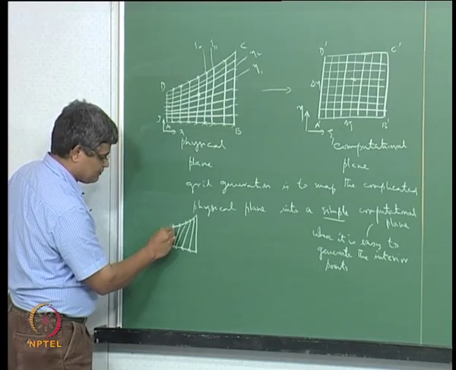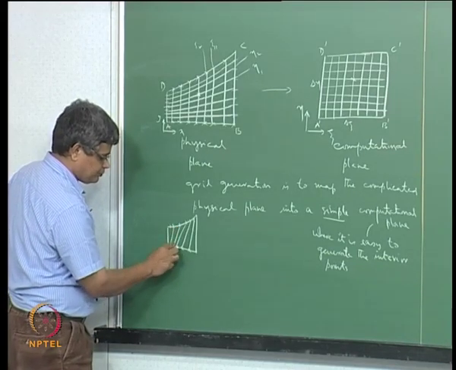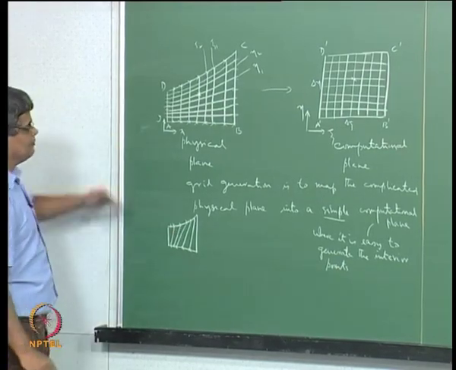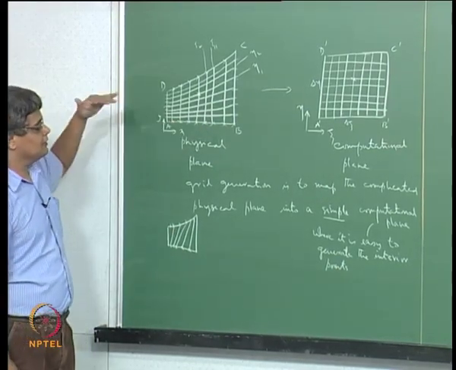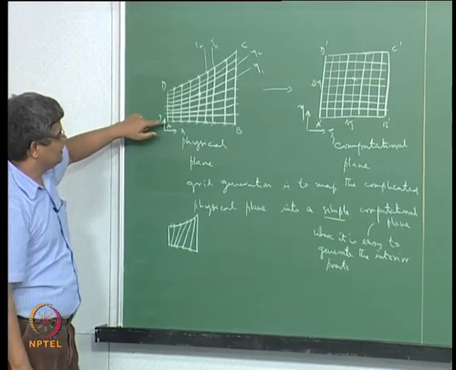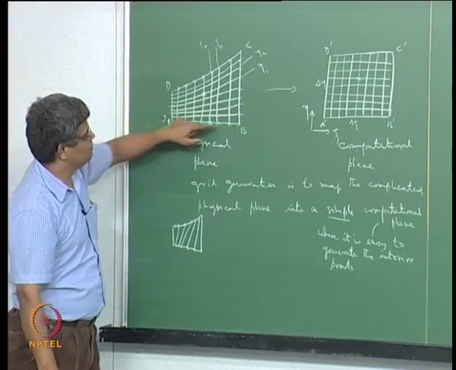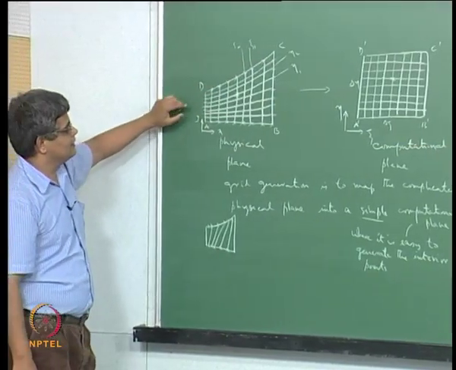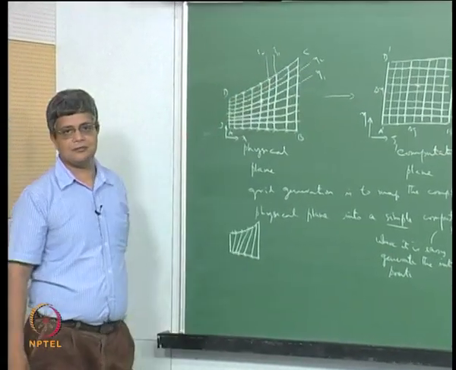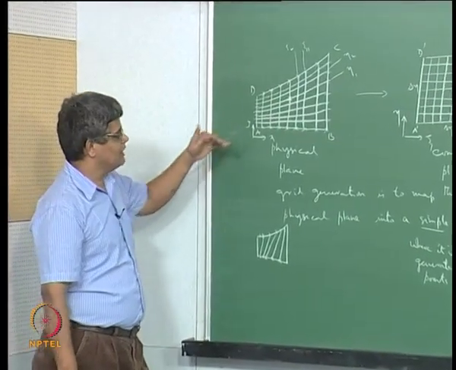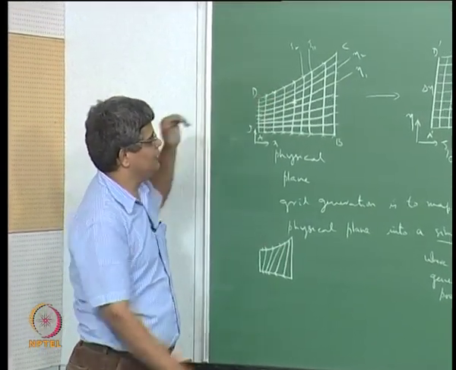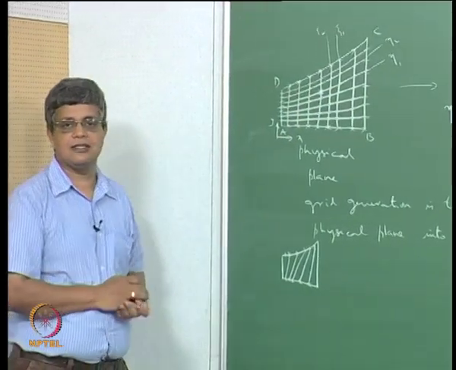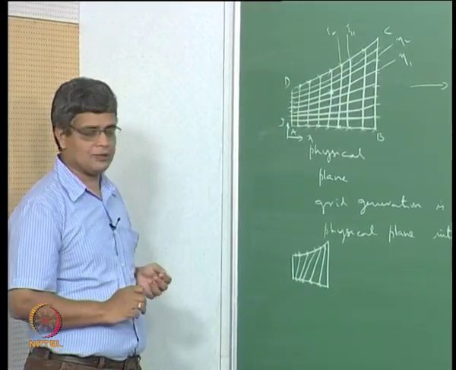Preferably we would like to put them in such a way that we get good lines here, but that is part of the domain. So, once we specify the number of points and the location of points on the boundary, the next task is to evaluate them on the interior. Once we evaluate the location of xi yj within this interior throughout, then our task of grid generation is almost complete in the case of structured grid.